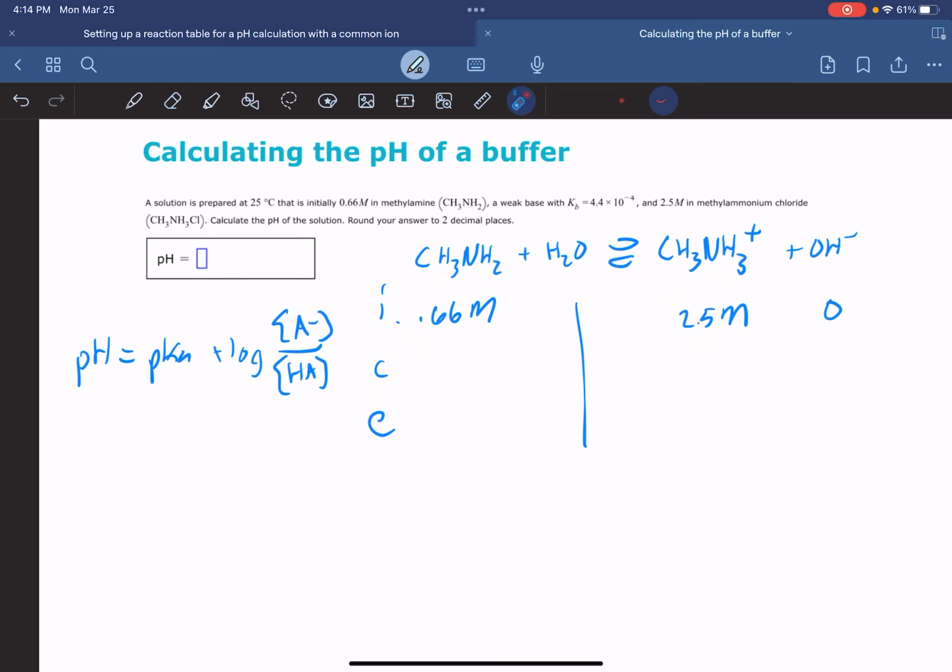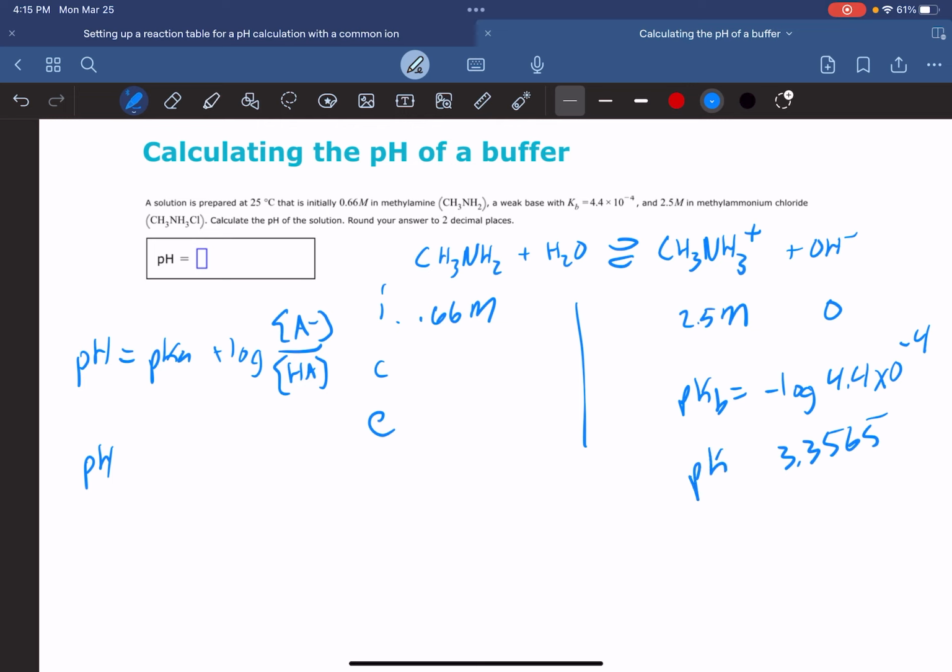So let's just jump right to this here. And in this particular case, I'm going to do the Kb over here on the side. If I want to figure out the pKb, it's going to be equal to the negative log of 4.4 times 10 to the negative 4. And when I do that, I'm going to end up with 3.3565. That's my pKb.